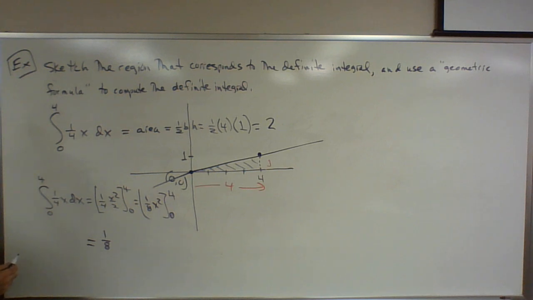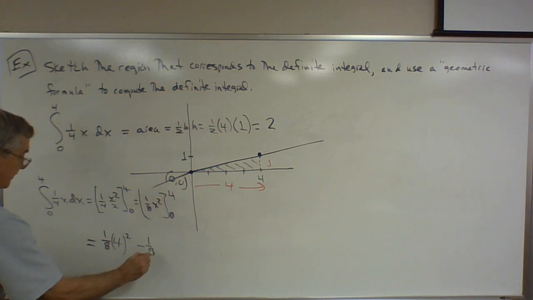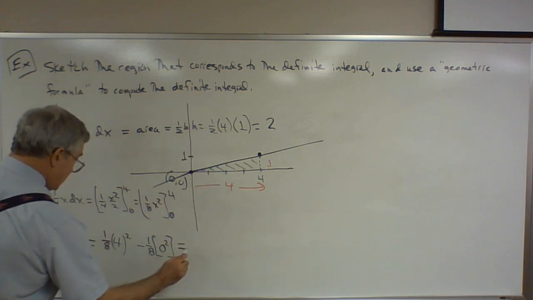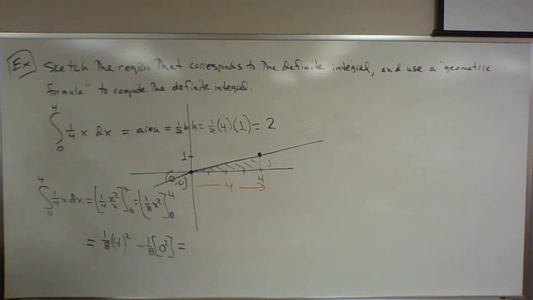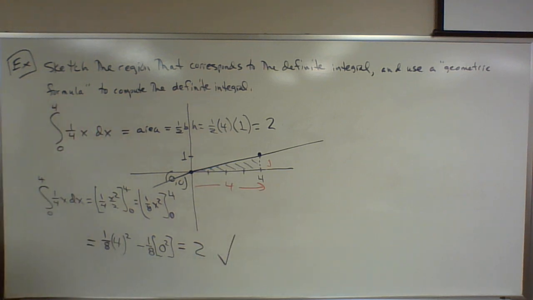So we take the antiderivative and plug in the upper limit. Take the antiderivative, plug in the lower limit. And we get 16 over 8, which is 2. Check.